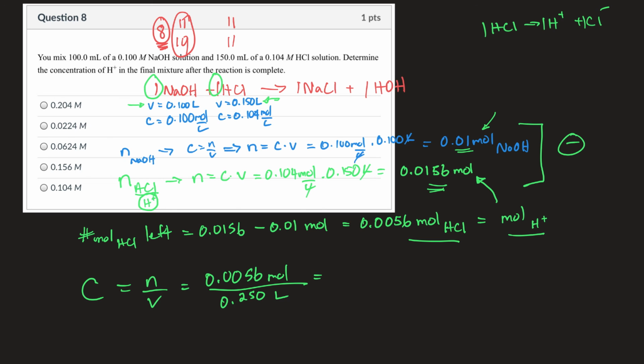Okay, so let's divide those. 0.0056 divided by 0.250 is 0.0224, so 0.0224 moles per liter. Sig figs, I got 4, 3, 3, 4, so I've got to go to 3. I've got 3. That's good.